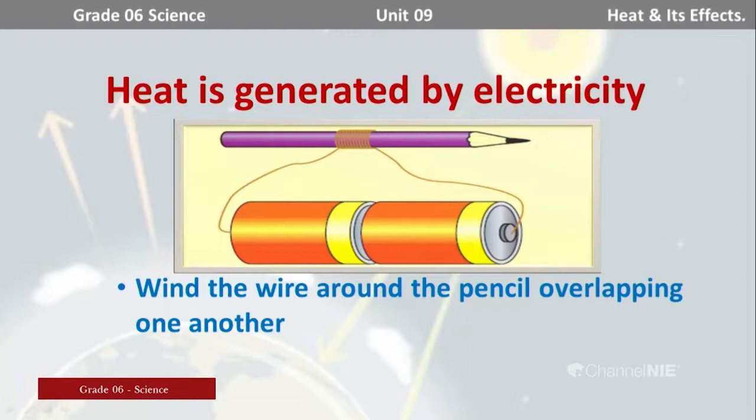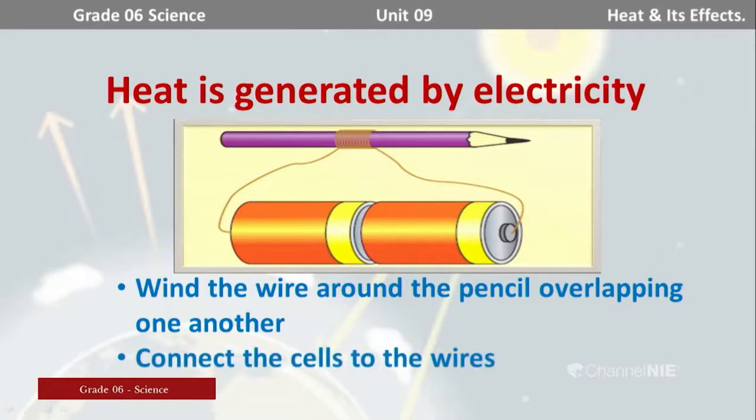Wind the wire around the pencil, overlapping one another. You have to be careful when you wind the wire around the pencil; it should be overlapping one another. Connect the cells to the wires. The activity is really simple. Now, I am going to do the activity.